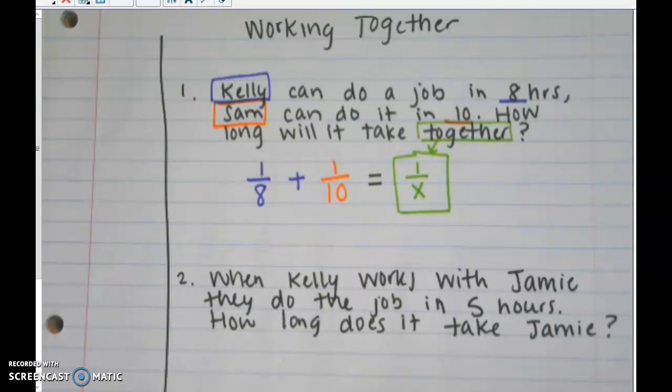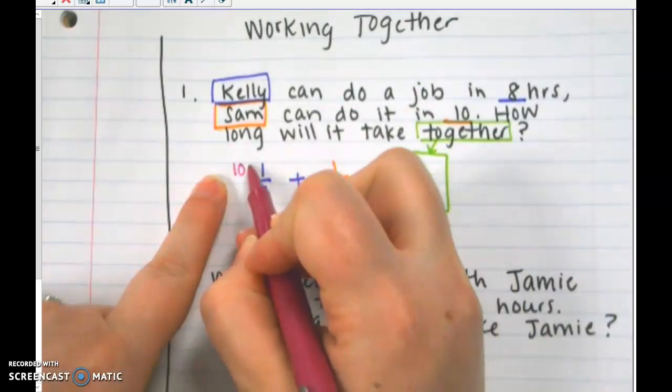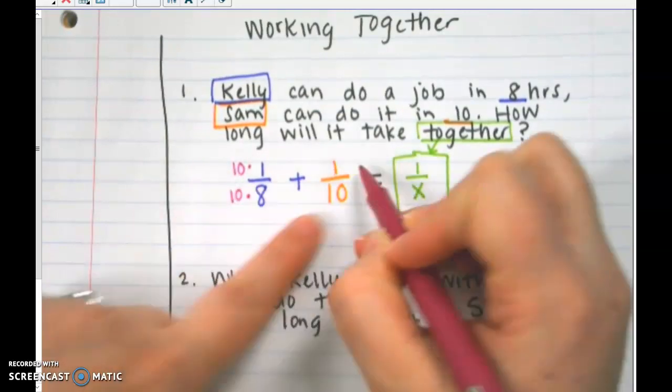I honestly think it's quicker to work this out by hand versus trying to type it into the calculator. So basically, if you remember, when you have fractions, you can only add them together if you have a common denominator. So the easiest way to give them a common denominator is just to multiply by the other one.